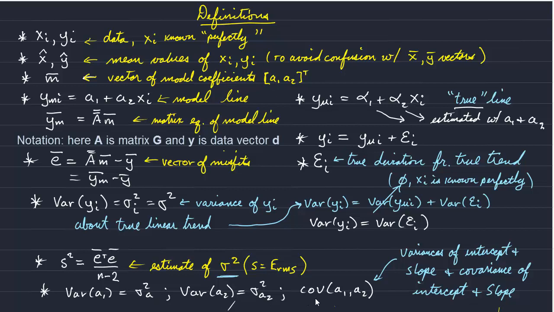I'll also introduce that there's a covariance between our slope and intercept. The solutions for these two are dependent on the same values of x, so there is a correlation, a covariance, between those two estimates of the slope and intercept.